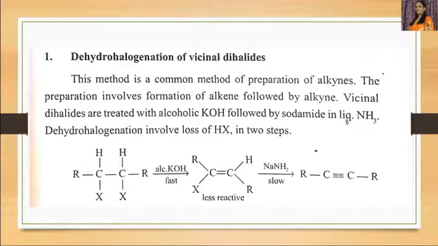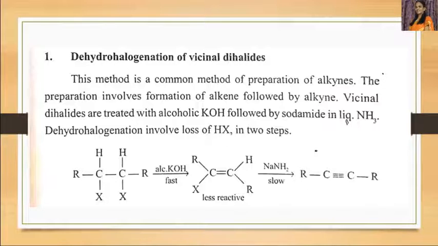Now in the next step, what happens with this alkene? It reacts with sodium amide, NaNH2, in liquid ammonia, which is a slow reaction. Then this H and this X are also removed to form an alkyne. You can see C triple bond C alkyne, C double bond C alkene, C single bond C alkane having two halogen atoms on adjacent carbon atoms.